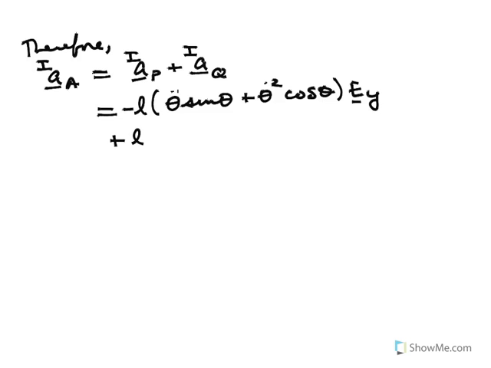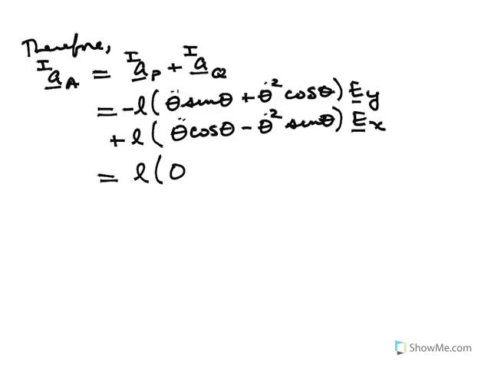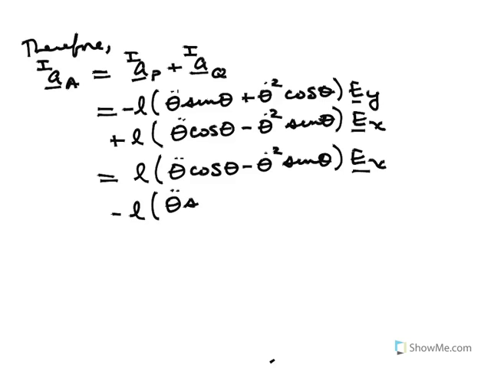And then plus L times theta double dot cosine theta minus theta dot squared sine theta times Ex, which can be rewritten as L times theta double dot cosine theta minus theta dot squared times the sine of theta times Ex minus L times theta double dot sine theta plus theta dot squared cosine theta times Ey. So that's the acceleration of A.